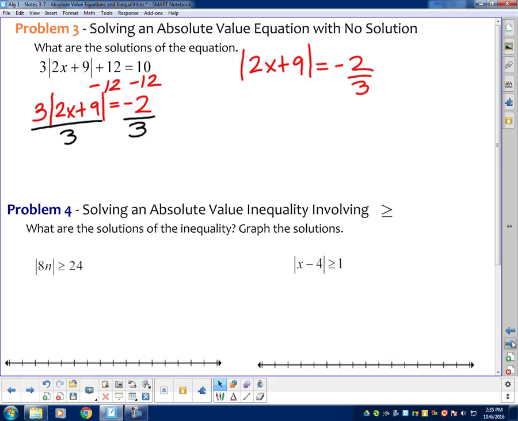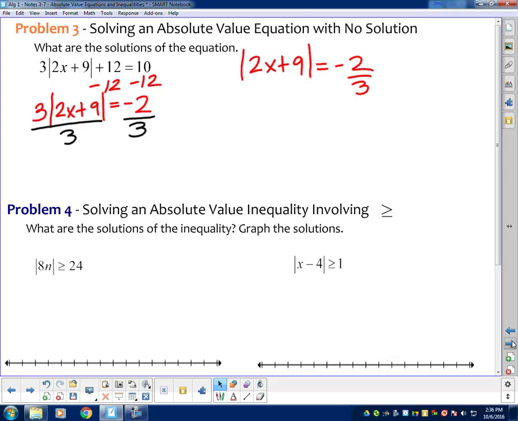Is there any number that I can plug into an absolute value that comes out negative? We just have to look for it. Is absolute value ever negative? I've got a negative right here. Absolute value means the distance from zero, right?